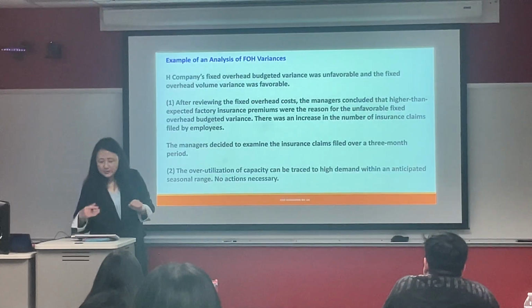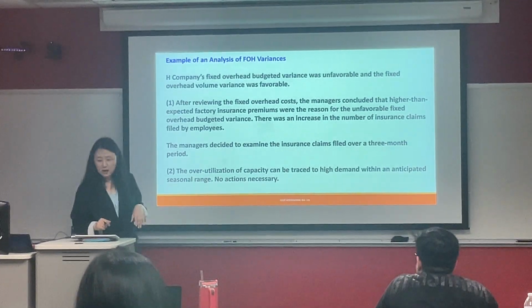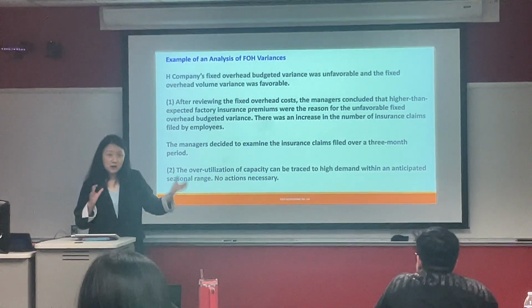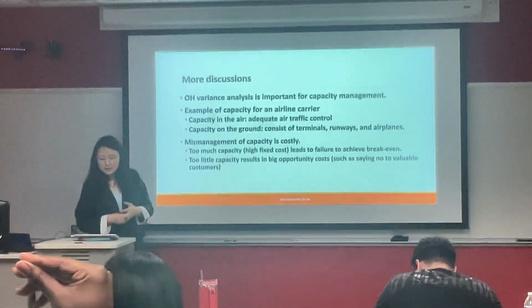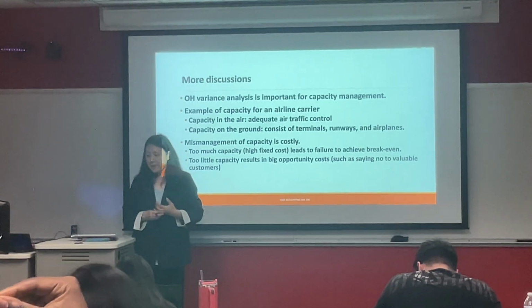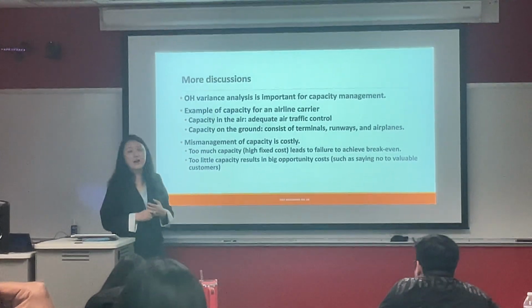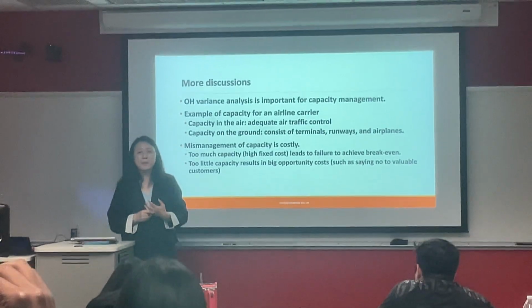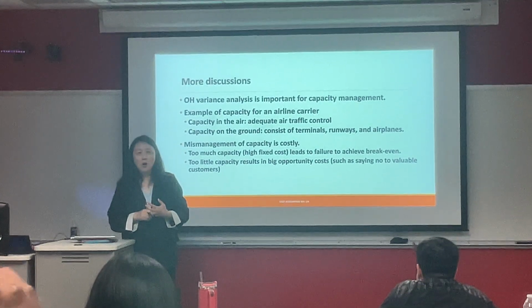All right, so here is a scenario you can read on your own, basically looking at the fixed overhead variance. Now this is particularly important for an airline company, because they also worry a lot about capacity, right? How many flights you want to schedule, and to what extent you're going to fill the plane, but not overfill.